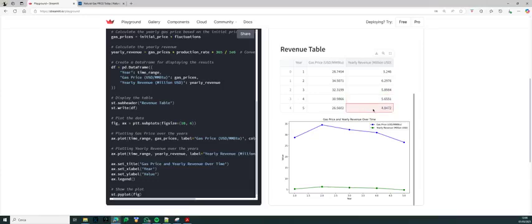We have a drastic decrease of production and also of revenue. So the production is very high in the second and third year.